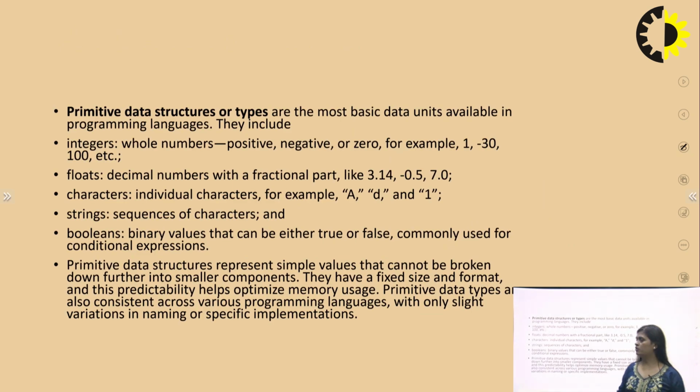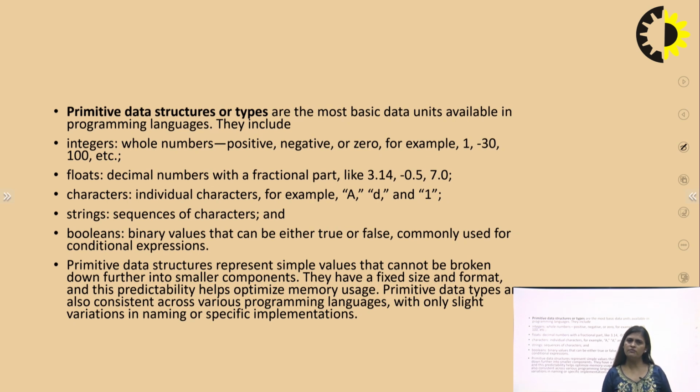Then we define the primitive data structure. Primitive data structures are the most basic data units available in a programming language. They include integer, float, character, string, boolean.